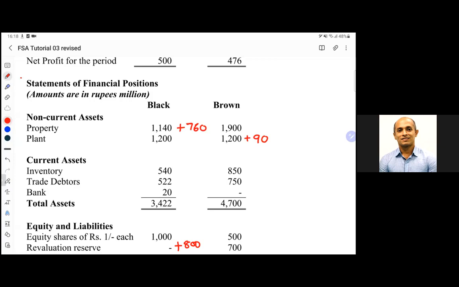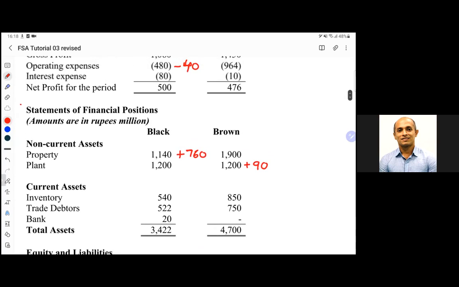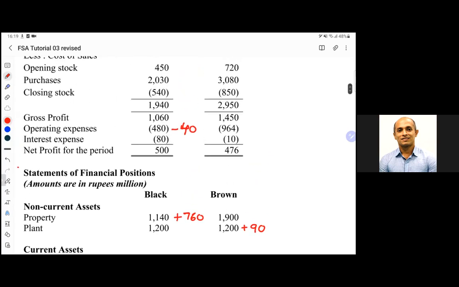Then this 90 you have to deduct from operating expenses. To deduct this, you can say plus 90, because operating expenses are in negative value.